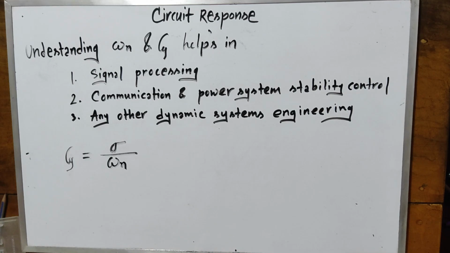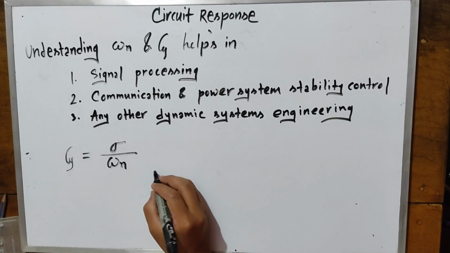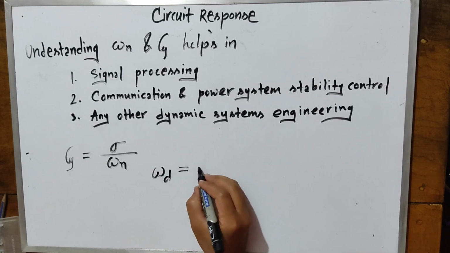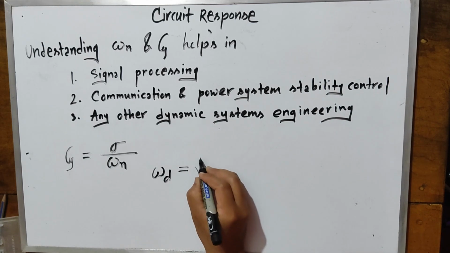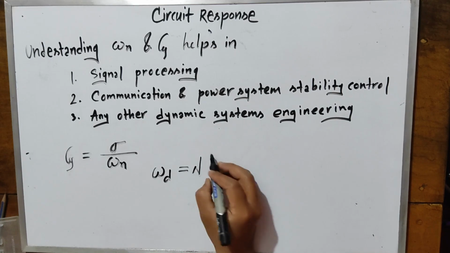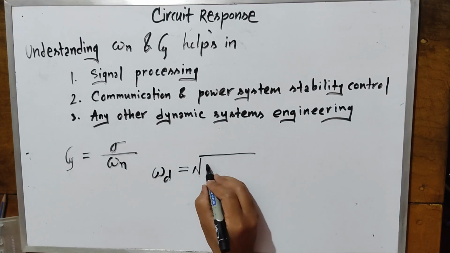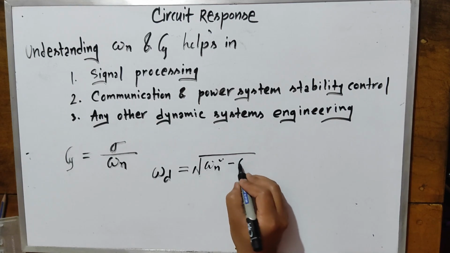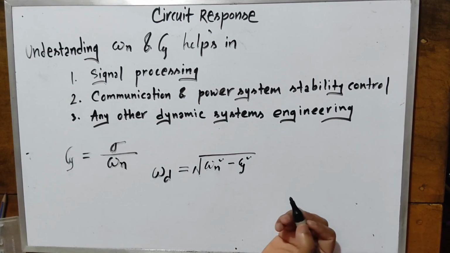So I'm going to define the damped natural frequency, which is omega d, by this equation: omega n square minus zeta or psi square.